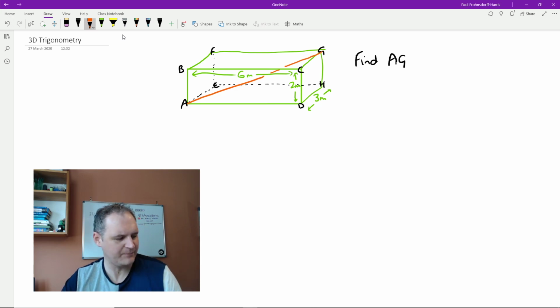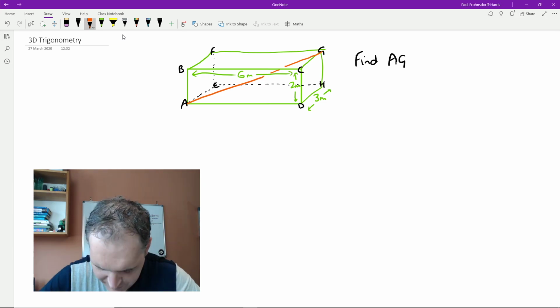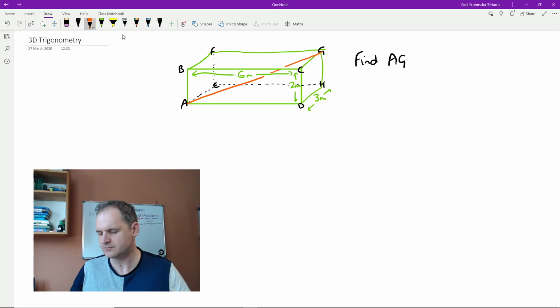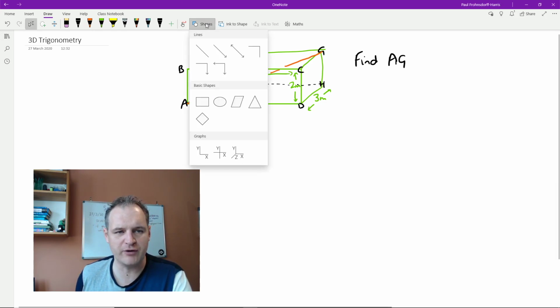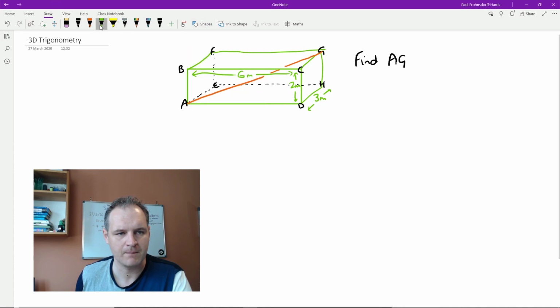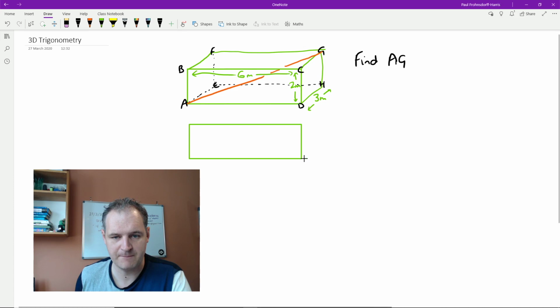And to do that, I think it's useful to imagine looking top down in the box. And to show you what it would be like top down, we'll just draw it. This is a top down view. It isn't, but now it is.